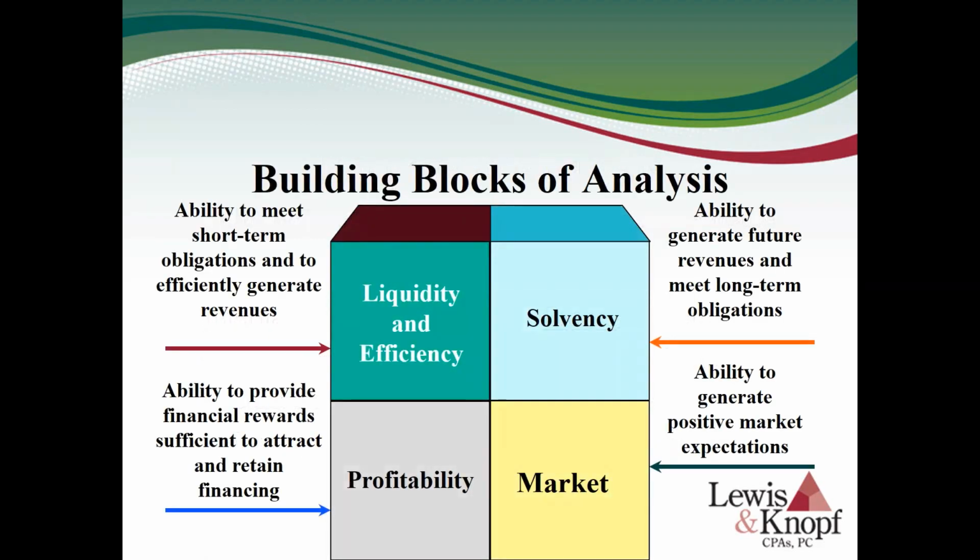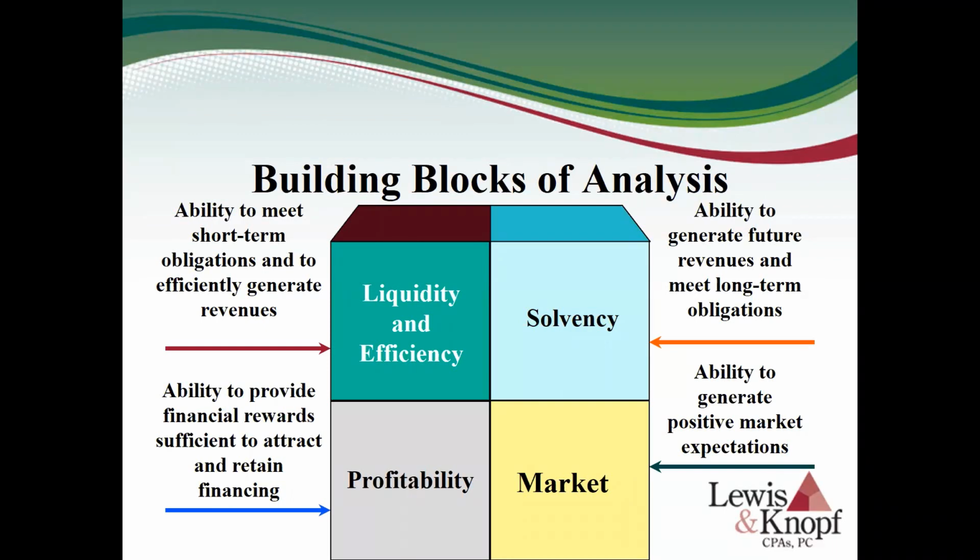So the building blocks of analysis: we have liquidity and efficiency, the ability to meet short-term obligations and to efficiently generate revenue. It tells us how strong the company is; with financial ratios, it tells us how they can recover in terms of their assets, interest, loans.